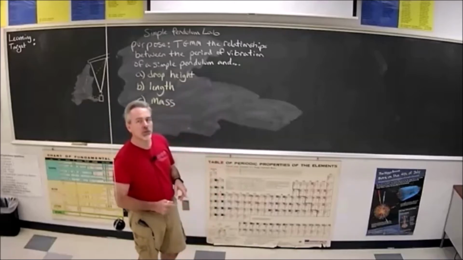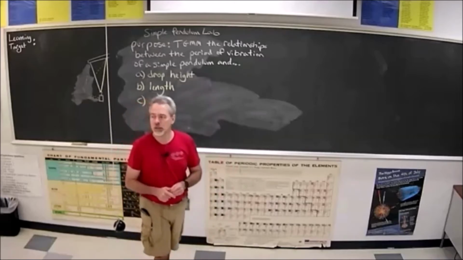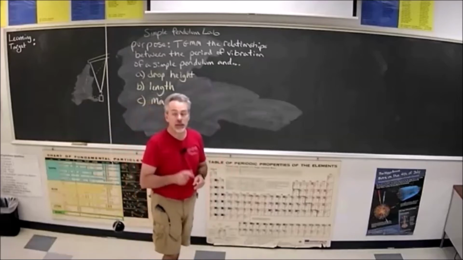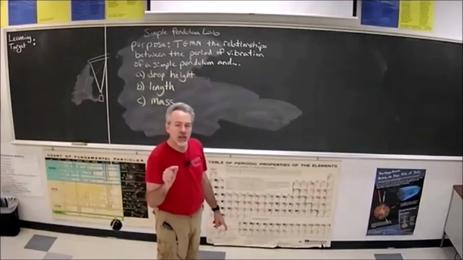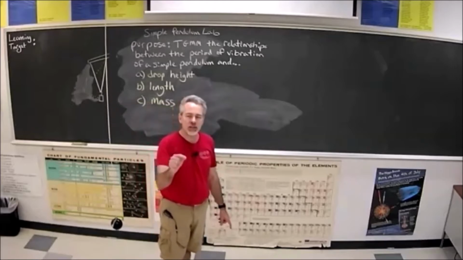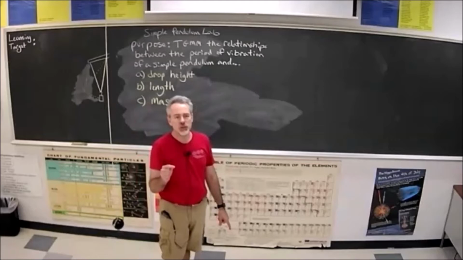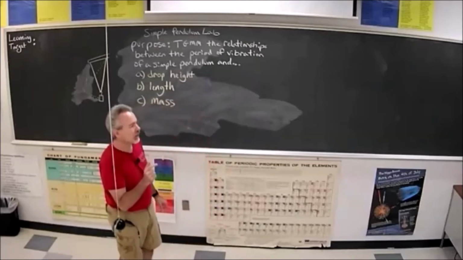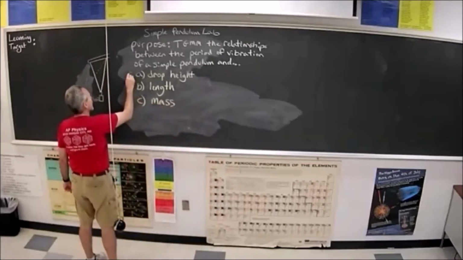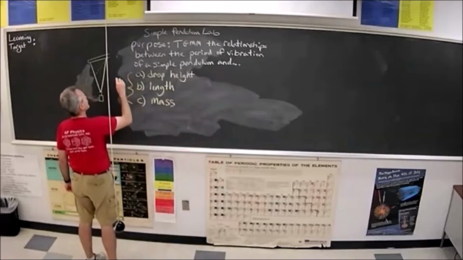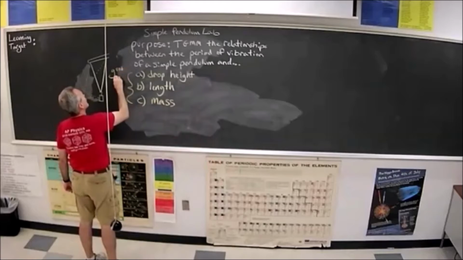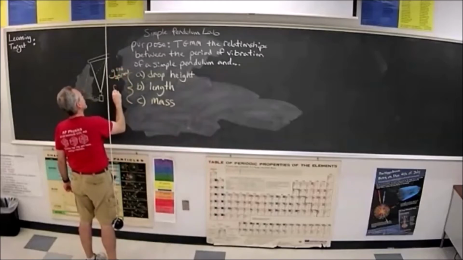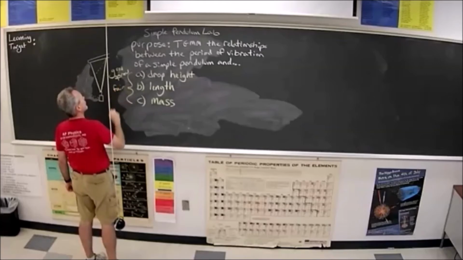Well, this is going to be one of those labs where it's really easy to cluster all your data in one spot. You have to be thinking before you even do the lab. If you start the lab without actually thinking it through, you're probably going to cluster your data. So you have to really think it through. For this, you want to make sure you have a good spread in data. And you have to make sure that it's a fair test, okay?